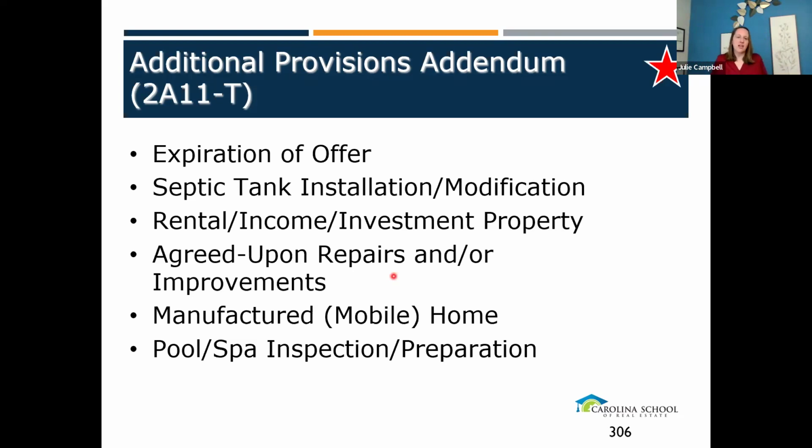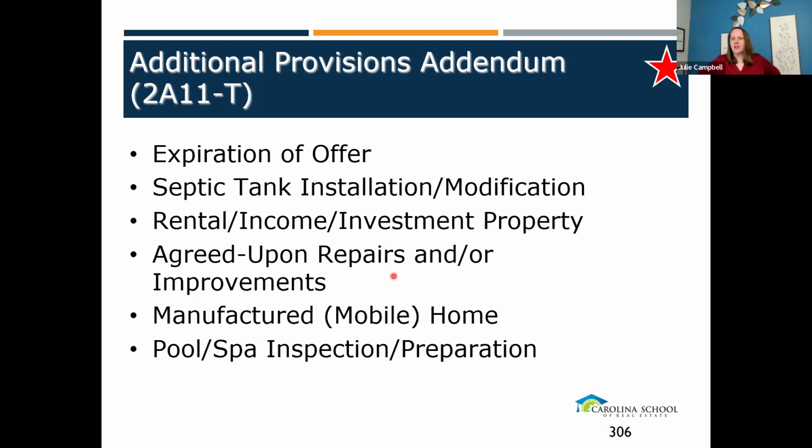We mentioned if there's a tenant in place, we need to discuss transferring that lease from the seller to the buyer. So if there's a tenant, we got our rental, income and investment property provision where we can make sure that the seller gives the buyer a copy of the lease, for example, and the tenants are up to date on their rent, that kind of thing.